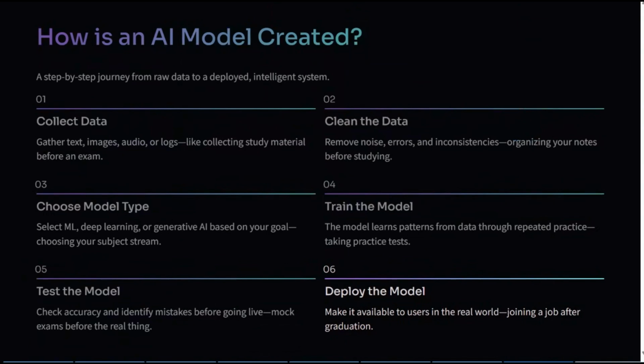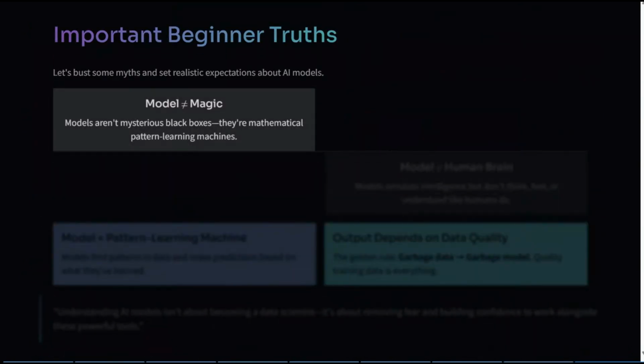You understood what AI models are, the different kinds of AI models, the way AI models are created, as well as the companies funding the research and development for creating all those models. Now some truths, some beginner-level truths. A model is not equal to magic. They are not mysterious black boxes, but well-trained individuals who are able to generate something.